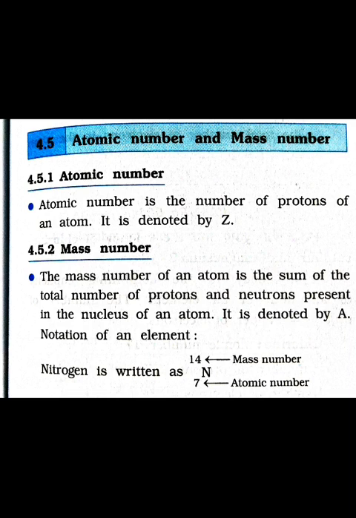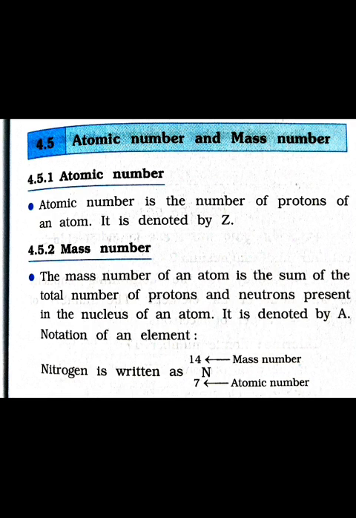So we can define atomic number like this: the number of protons or the number of electrons present in an atom is called its atomic number. And atomic number is denoted by the letter Z. Capital letter Z denotes the atomic number of an element.